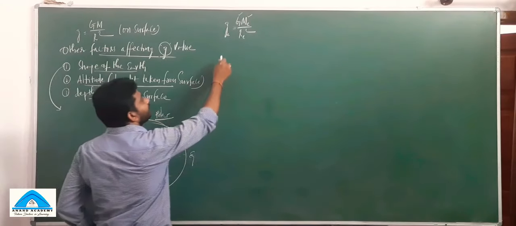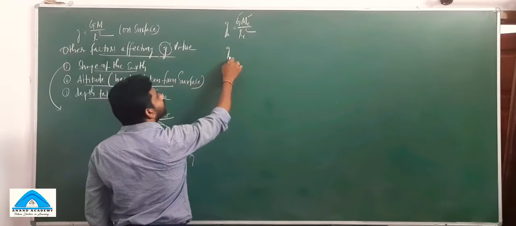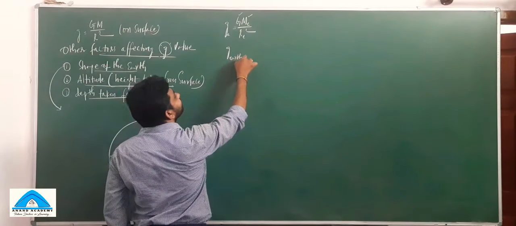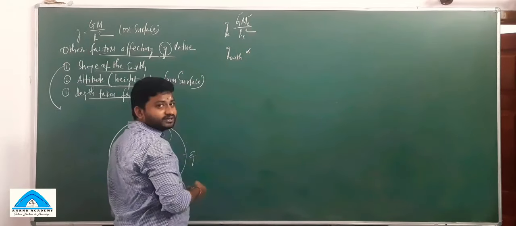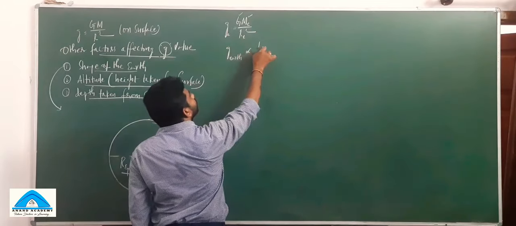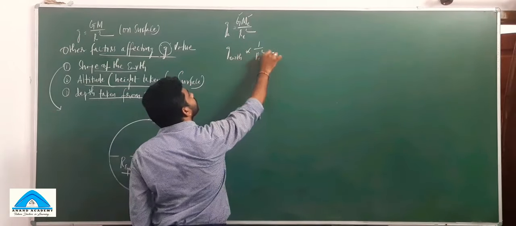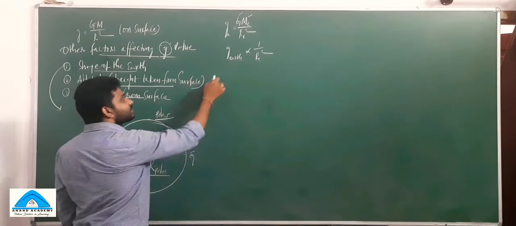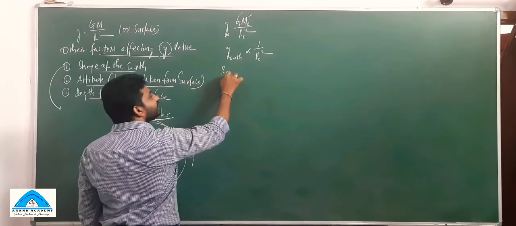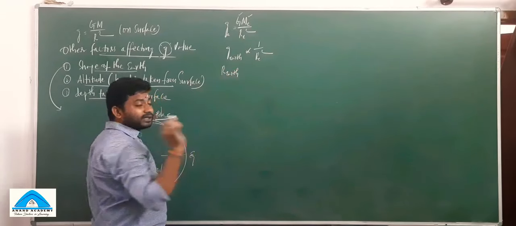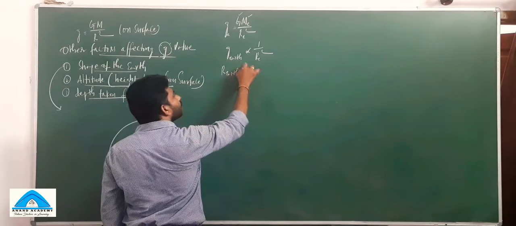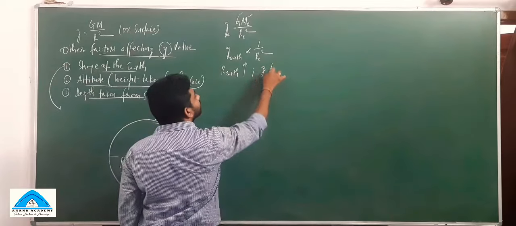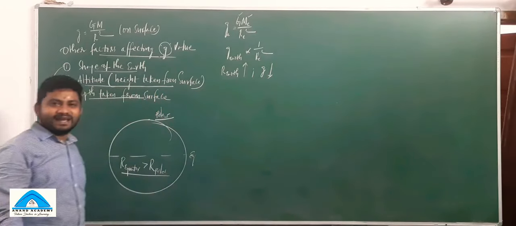So what I can write: acceleration due to gravity on the earth's surface is inversely proportional to the radius of the earth whole square. Okay, so what you will understand: when the radius of the earth at a particular point is more, acceleration due to gravity at that point will be less.